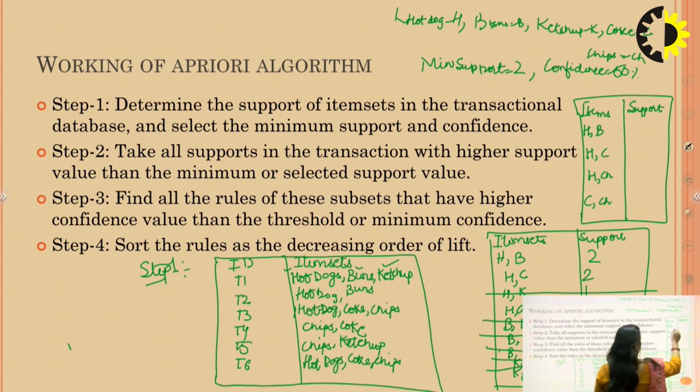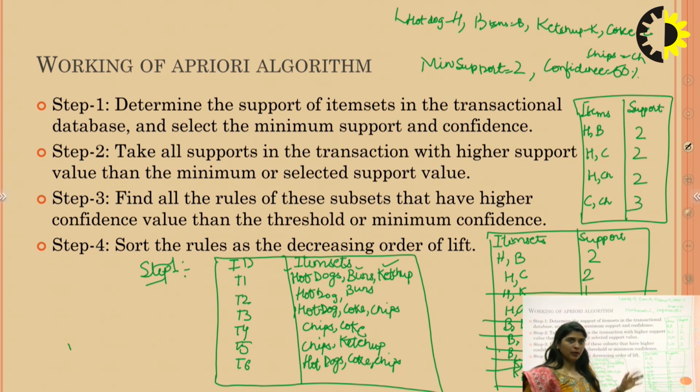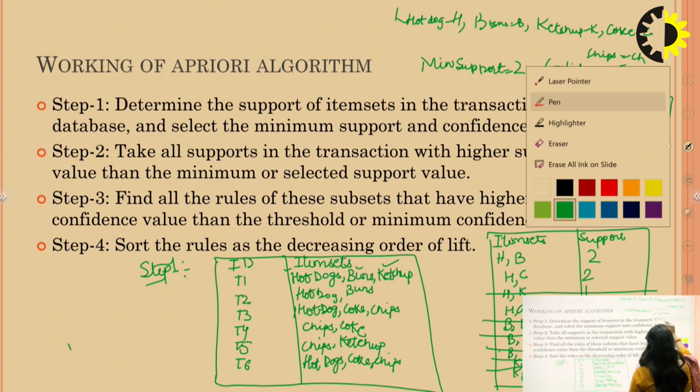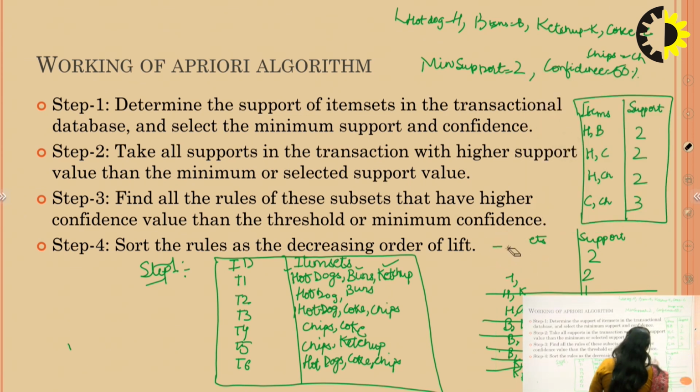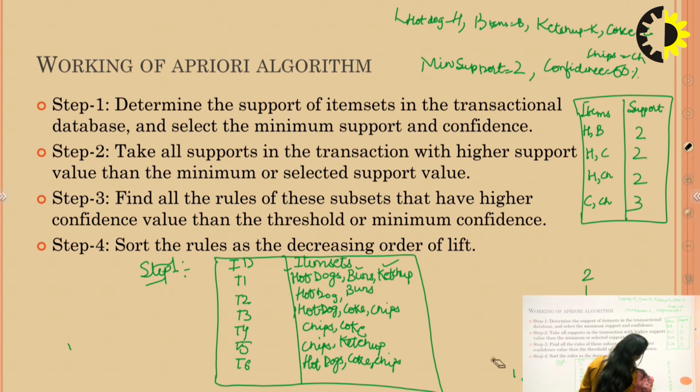Now hot dog and bun again we'll write here. So this is the refined data set we got. Now using this data set, now this was for the second pair.